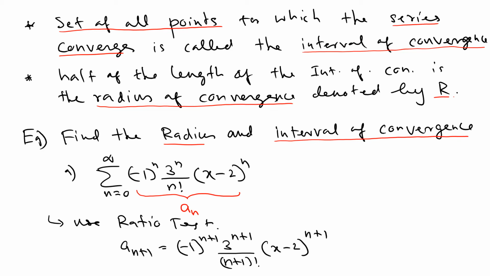Now we look at the ratio of those two. We calculate rho, which is the limit as n goes to infinity of a_(n+1) over a_n. It is always a good idea to write this first, and then plug in.